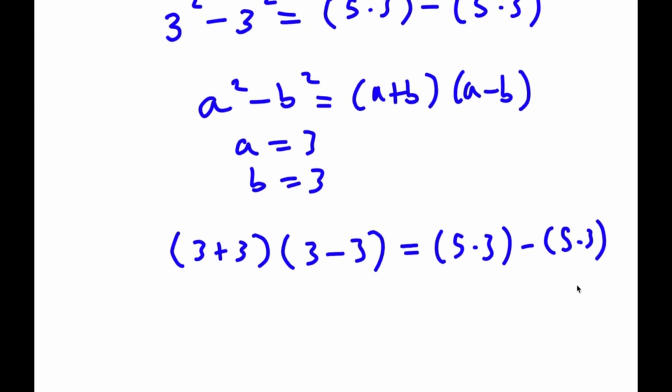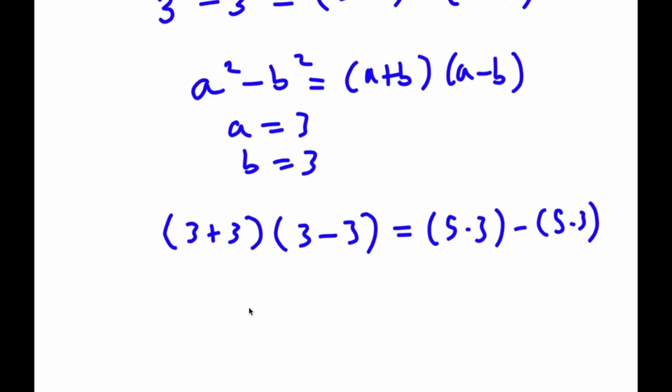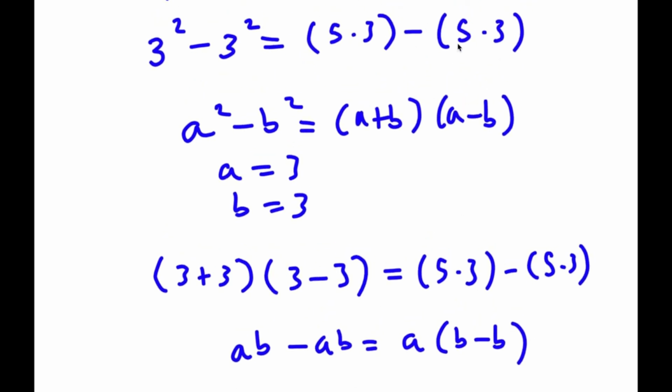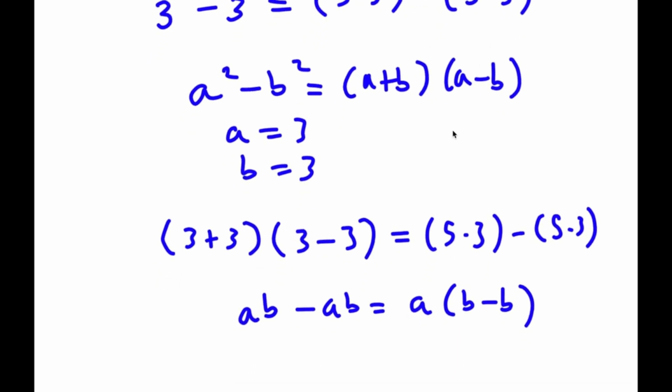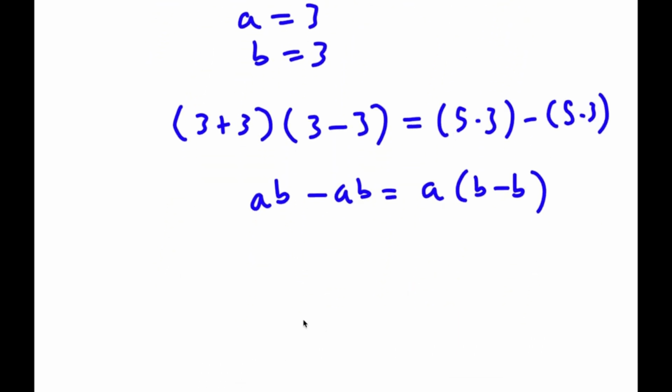Now, if I have something in the form a times b minus a times b, this is the same thing as a times (b minus b). So I have 5 times 3 minus 5 times 3, and if I factor out 5, I get 5 times (3 minus 3).